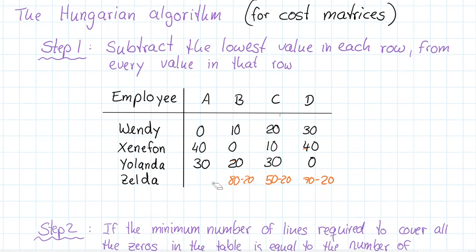Lowest value here is a 20. So I subtract that. 20 minus 20 is going to give me 0. 80 minus 20 is going to give me 60. 50 minus 20 is going to give me a 30. And 70 minus 20 is a 50. So now that is done.